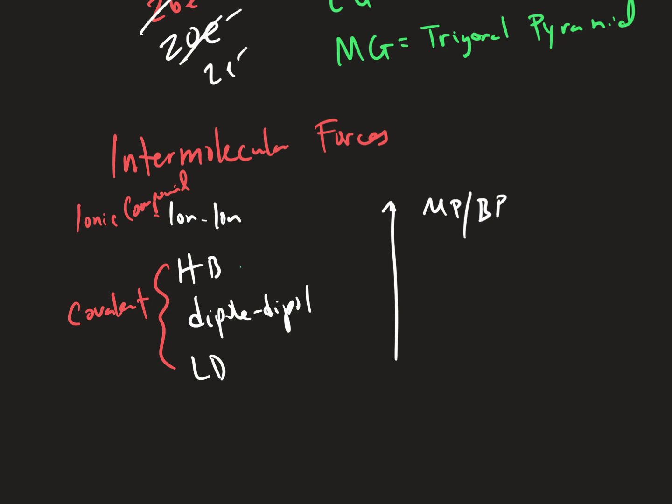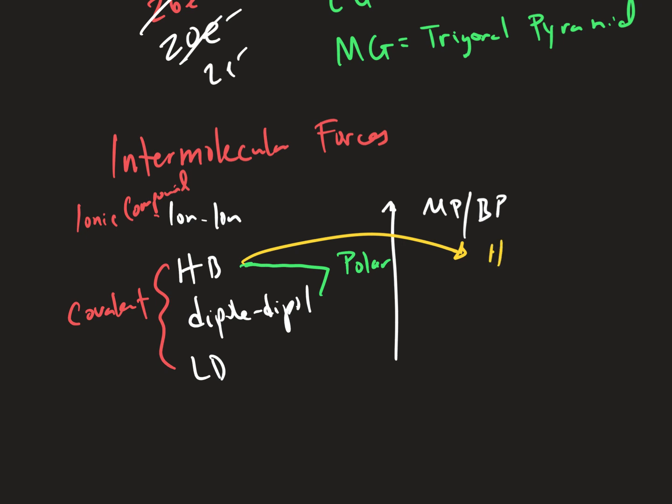But how do we tell if it's hydrogen bonding and dipole? Yeah. Polar. If it's a polar molecule. Be careful on the hydrogen bonding. Hydrogen bonding is for, so what's specific about this one?